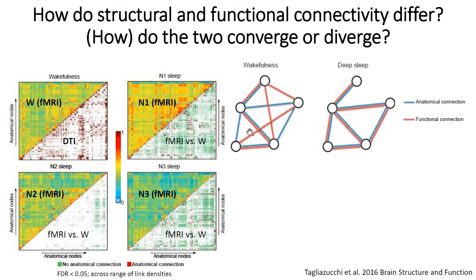If it's true that these resting networks remain because of the underlying structural connectivity of the brain, then what would be happening is that we could lose some of the functional connections, which are in red, that connect pairs of nodes that are not connected directly by anatomical connections, but we might not be able to lose the functional connections that are connected directly by anatomical connections.